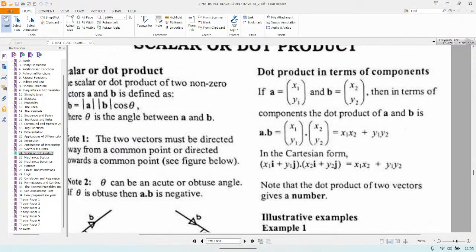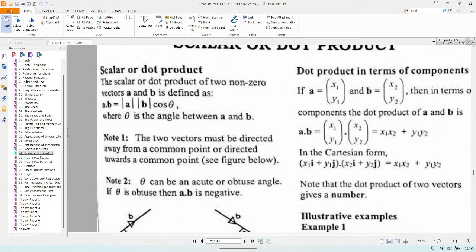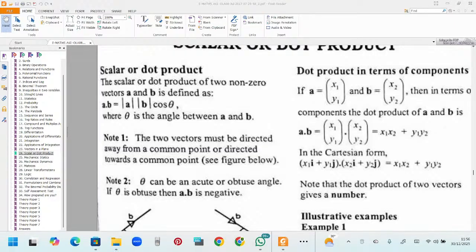There's something here I want to show you. The term is scalar product or dot product, right? The scalar or dot product of two non-zero vectors A and B is defined as A dot B equals the magnitude of A times the magnitude of B times cos theta, where theta is the angle between them.